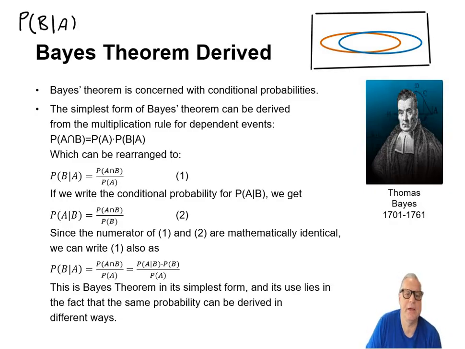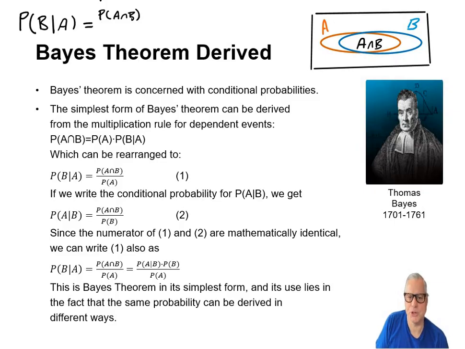So we have here A, and the blue one is B. Then the intersection is A and B. Now the probability of B given A, we can see this is this intersection, probability of A and B, over the orange bubble A.